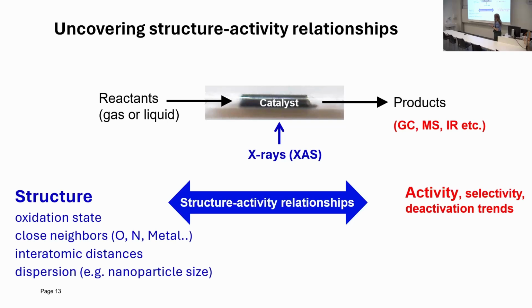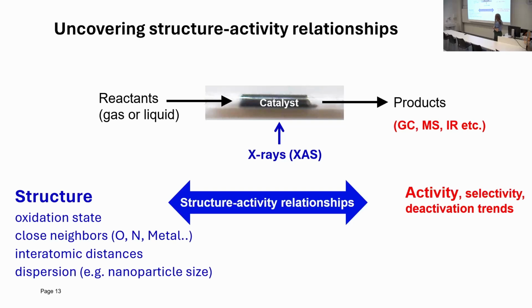If at the same time we measure products and X-ray absorption spectra, we have operando; if we don't measure the products, it would rather be in situ. If you measure products, it's operando. You put the catalyst exactly under conditions of catalysis, and you can see this catalysis with your own eyes.